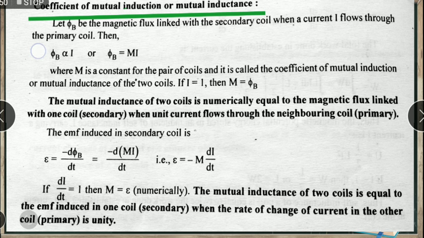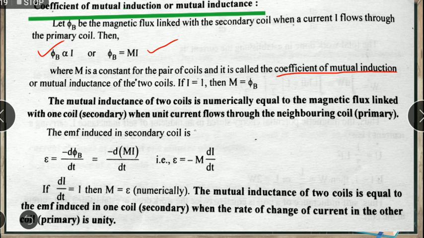Here phi B is the notation for the magnetic flux linked with the secondary coil. It is given by the constant term phi B equals M I. M is a constant for a pair of coils, called the coefficient of mutual induction, or simply mutual inductance.